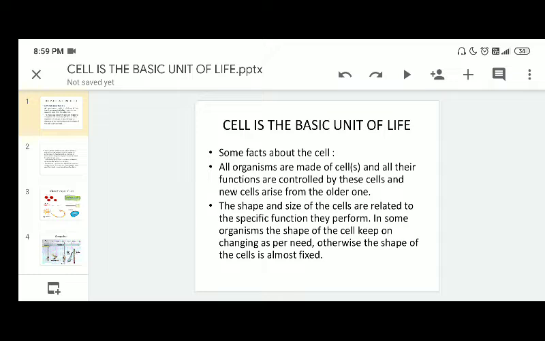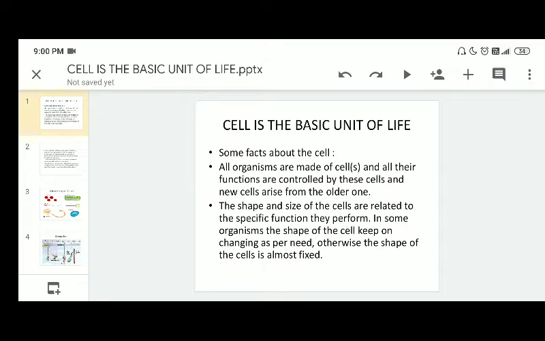All organisms are made up of cells and all their functions are controlled by these cells, and new cells arise from the older ones. This is also known as the Schleiden and Schwann theory, that is, the cell theory.